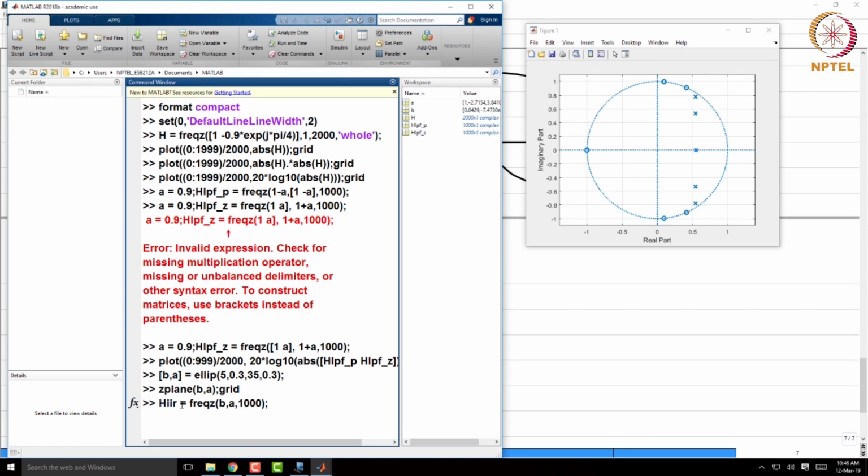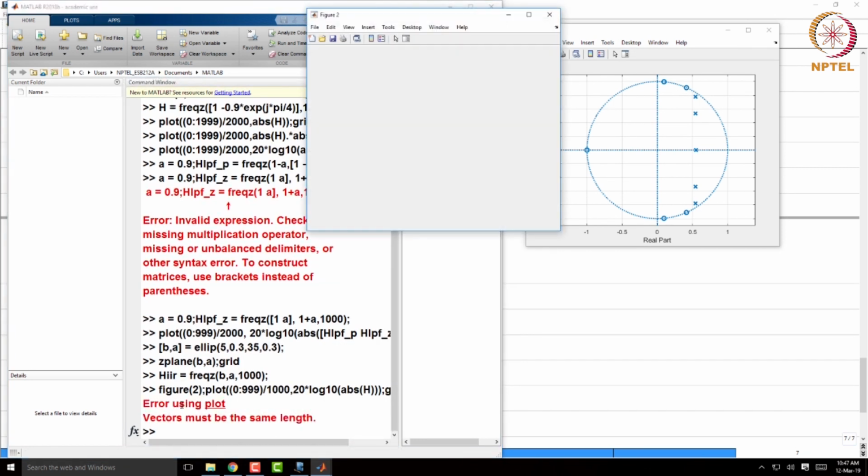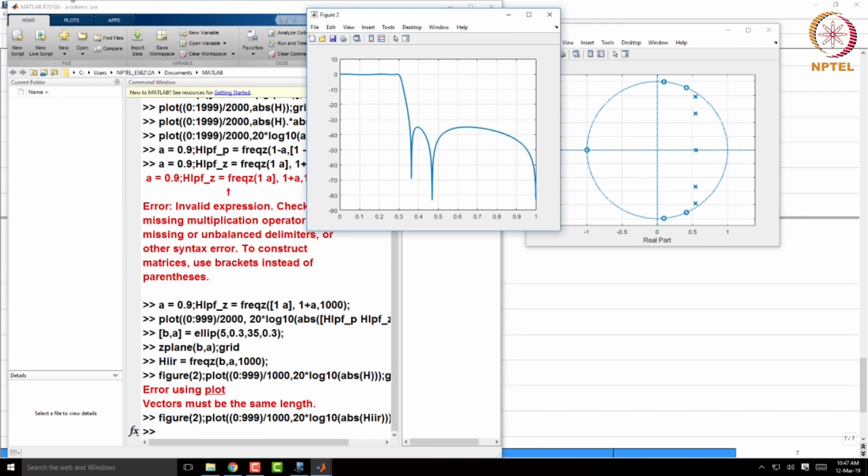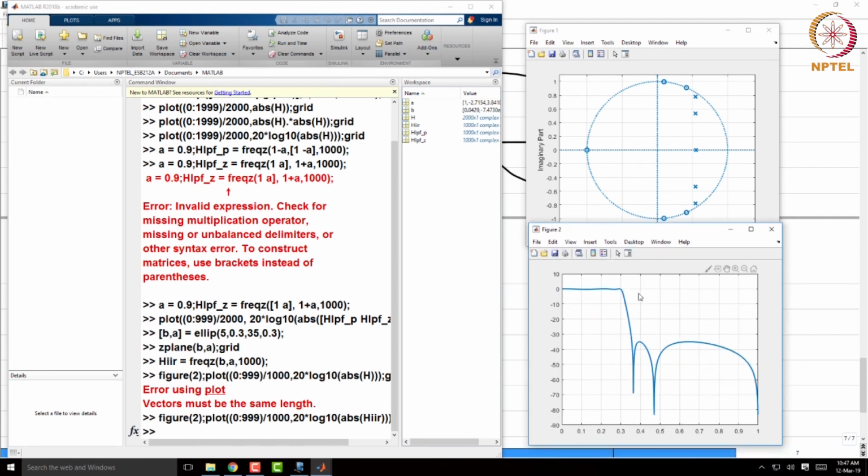is this, and then so this is the frequency response.